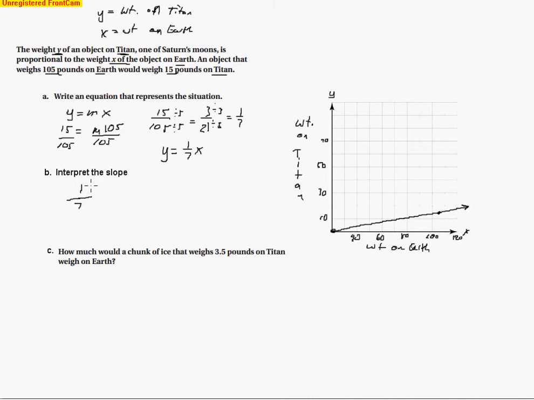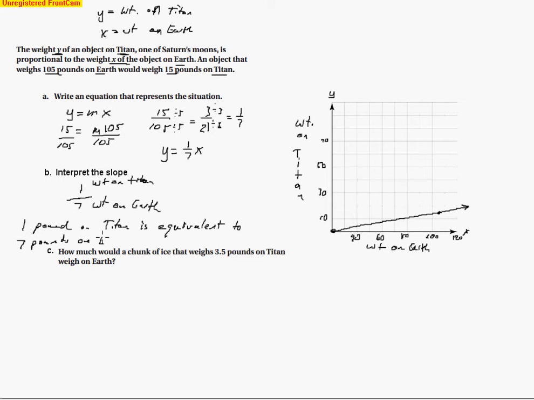So the slope represents, the numerator is the weight on Titan, and the denominator is weight on Earth. And so what we'd say is 1 pound on Titan is equivalent to 7 pounds on Earth.